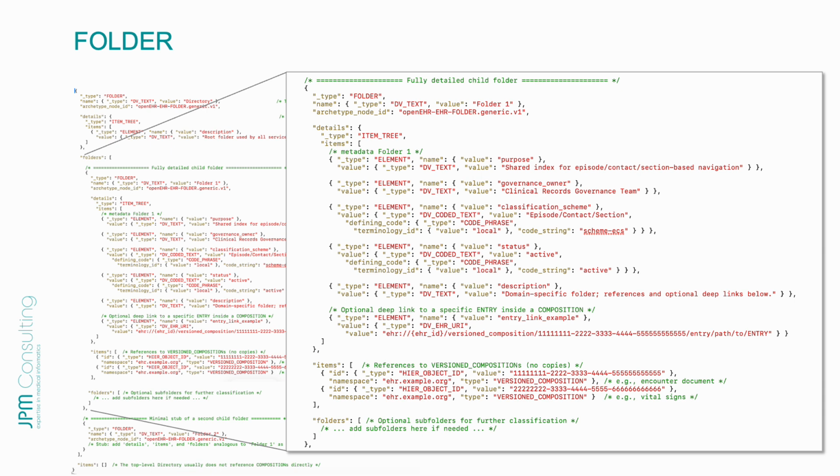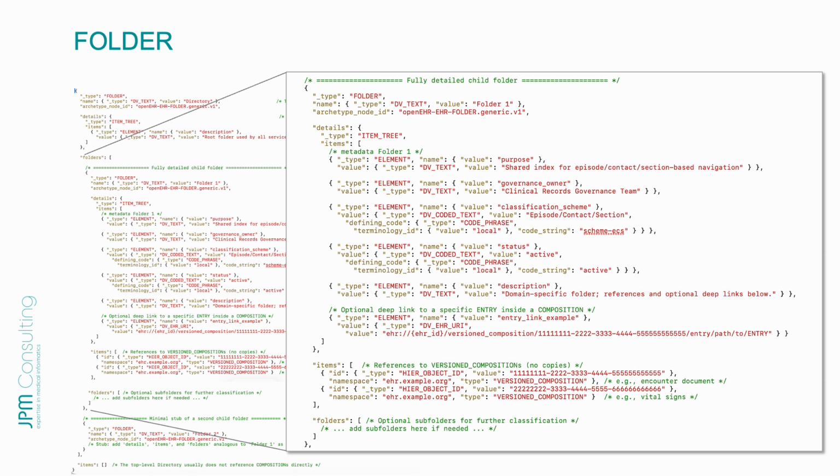Next, we look at the concrete folder. A folder can reference medical clinical content at two levels. First, it can reference a composition as a whole. Second, it can point more granularly to a specific archetyped element inside a composition. That distinction matters if you want to represent an episode-oriented view using folders.